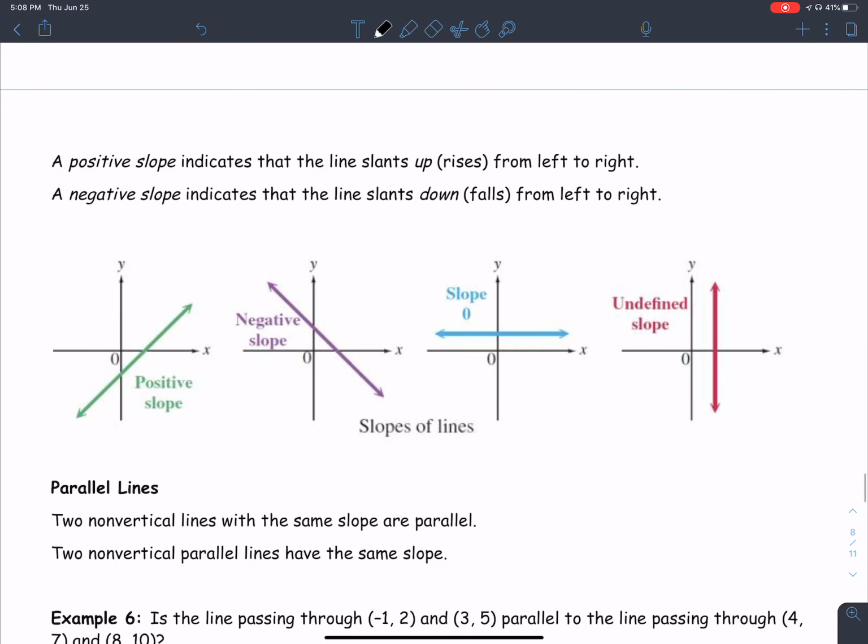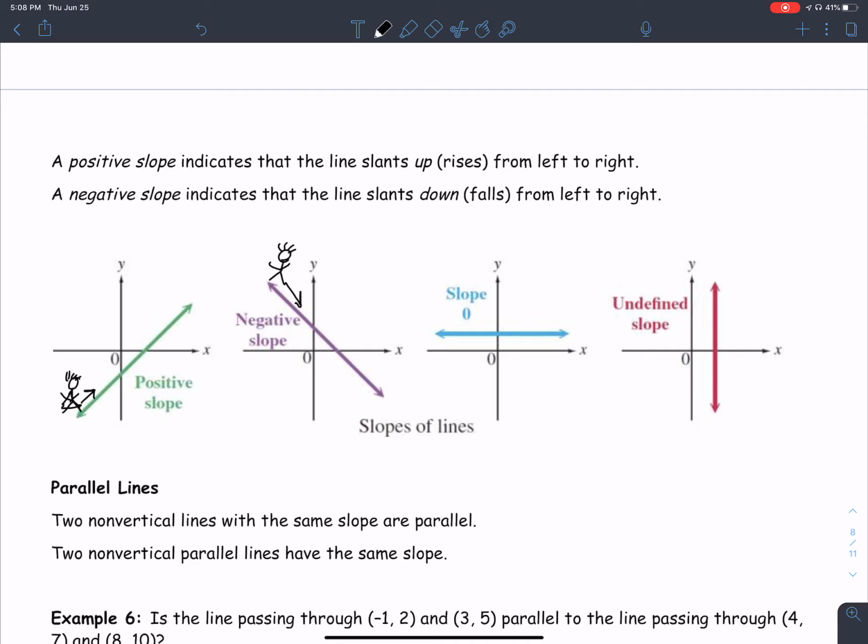Okay, so you need to be able to determine positive, negative, 0, and undefined slope. So I always say we read from left to right. Okay, so here's my little man. Hello. Little man starts on the left. Okay, it can be a woman, whatever. Goes up the hill. Okay, my little man or woman, whichever, goes down the hill.